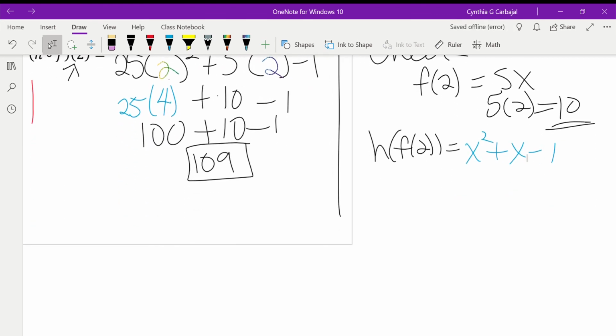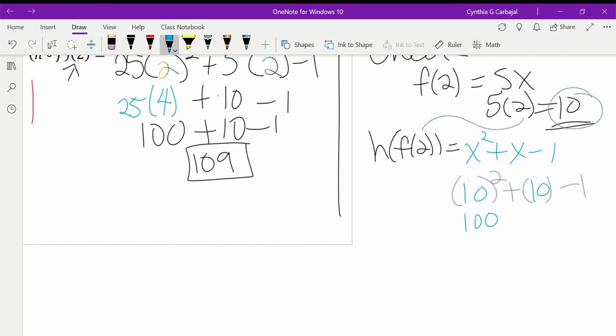And then wherever x is, I'm going to sub in a 10, because that's what I got when I plugged in a 2, right? So plus, and sub in a 10. 10, 10. And then do the math. 10 squared is 100. 100 plus 10 would be 110, minus 1 would be 109. So that's how you could check if you did this right.